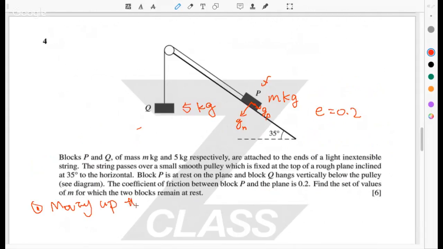In this case, Q is so heavy that P is about to be pulled up by the string. And we have a second case where P is just about to move down the plane. In this case, the block Q is so light that it's about to be pulled up by the string.